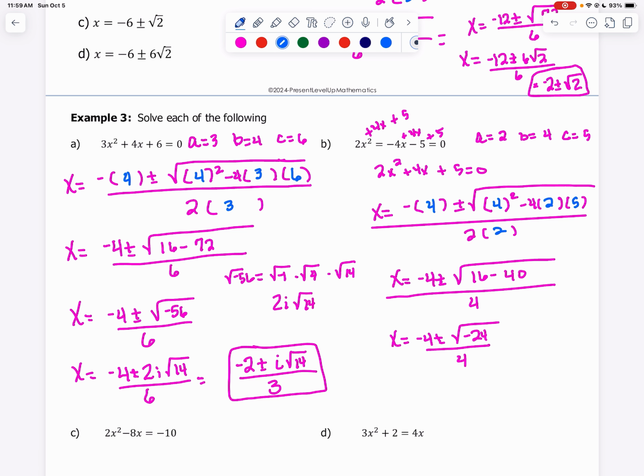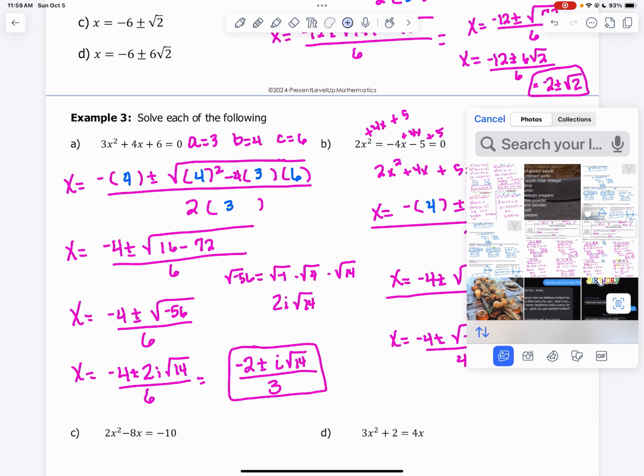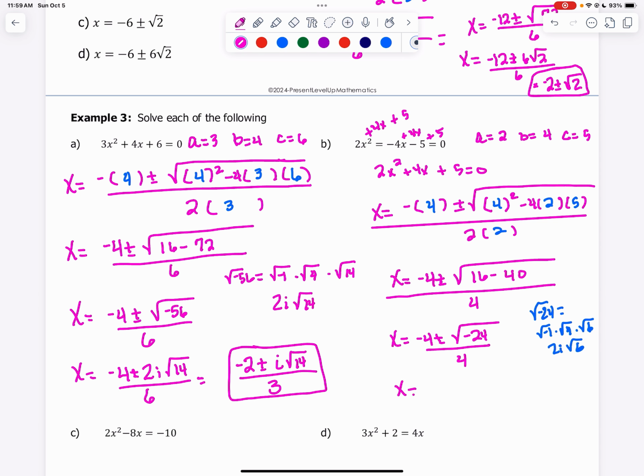Now, square root negative 24 would reduce to square root negative 1 times square root 4 times square root 6, which would be 2i square root 6. So, negative 4 plus or minus 2i square root 6 over 4. Now let's reduce all of those by 2. So negative 2 plus or minus i square root 6 over 2.